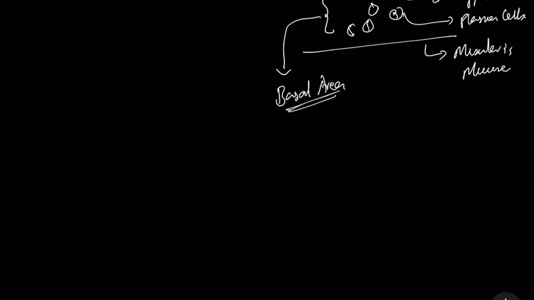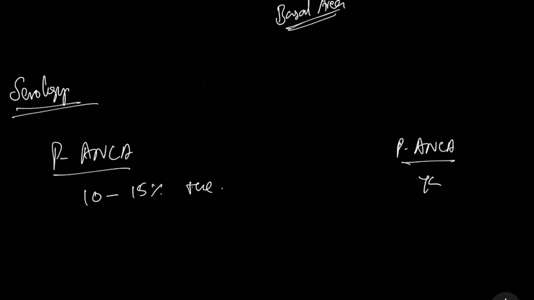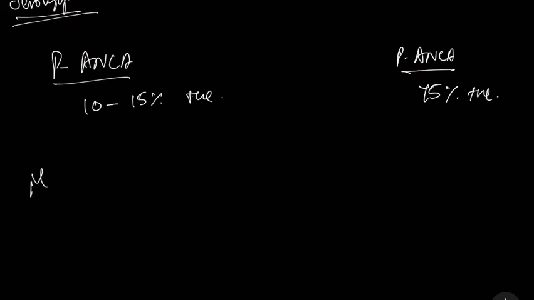Now let's come to the investigations, the serology. What do we see in your Crohn's disease? P ANCA is 10 to 15% positive. And in your ulcerative colitis, your P ANCA is 75% positive. Now let's come to the management. It is surgery, but we did study that the extent of the lesion was too long.